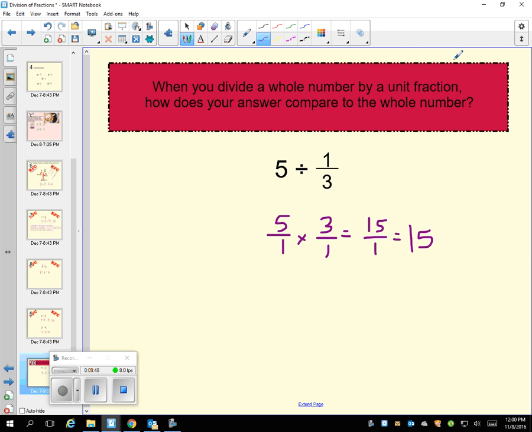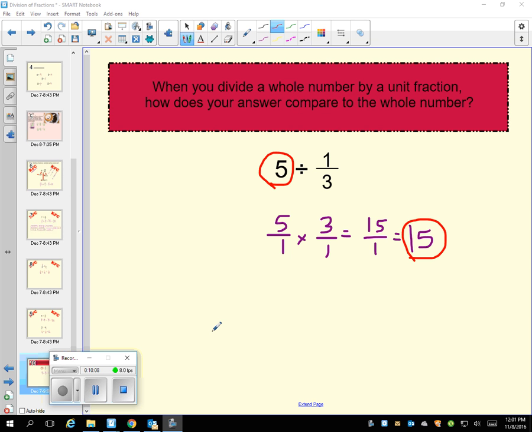And now answer that question. When you divide a whole number by a unit fraction, how does your answer, 15, compare to the whole number? It's greater, right? It's greater.